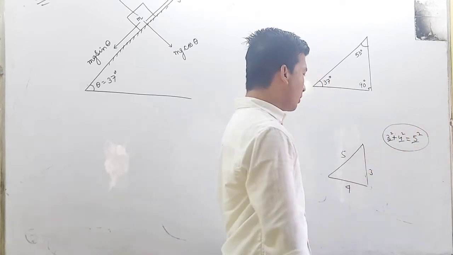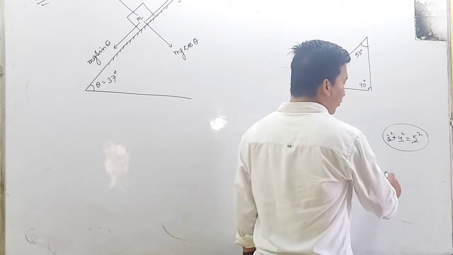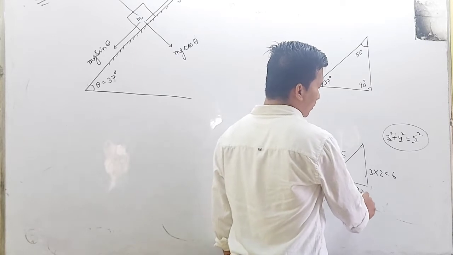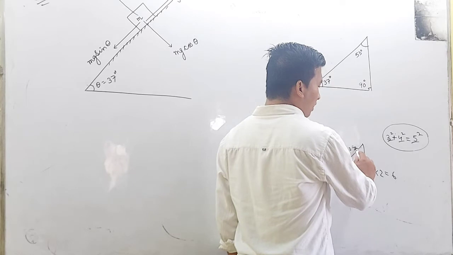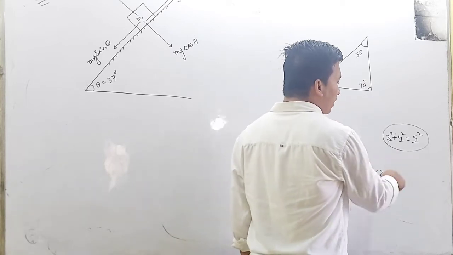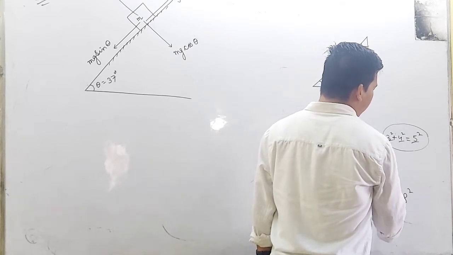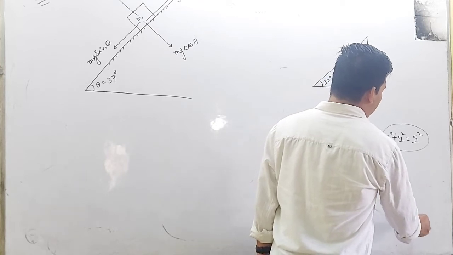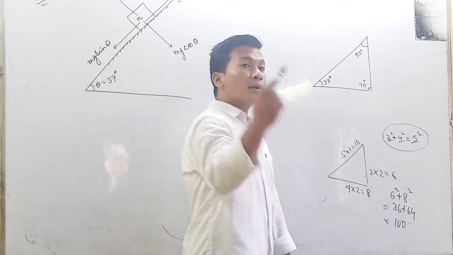Now check: if 3 is multiplied by 2 it becomes 6, and 4 multiplied by 2 is 8. Apply the Pythagoras theorem: 6 squared plus 8 squared is 36 plus 64, which is 100.